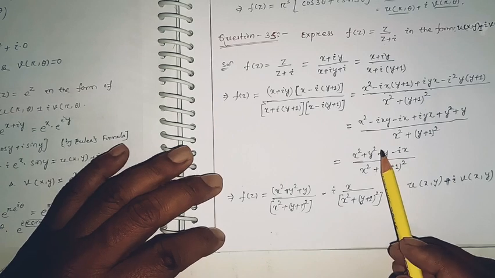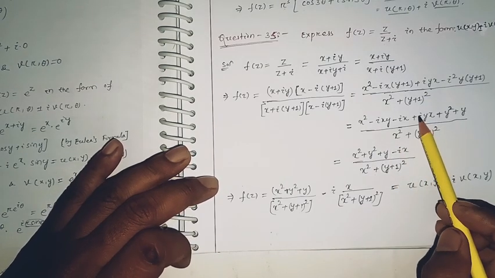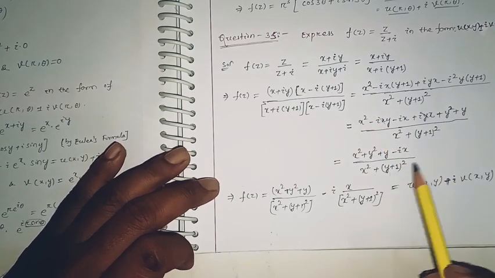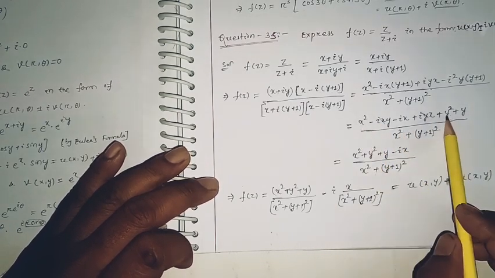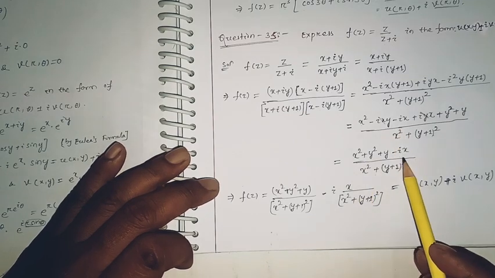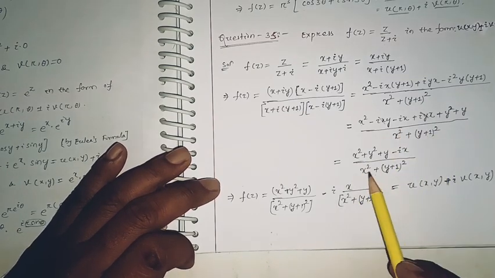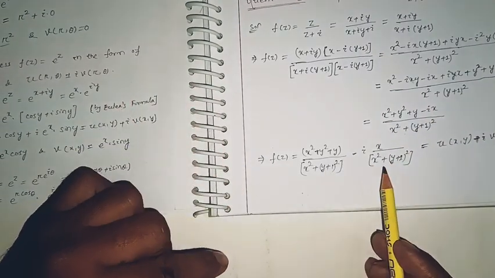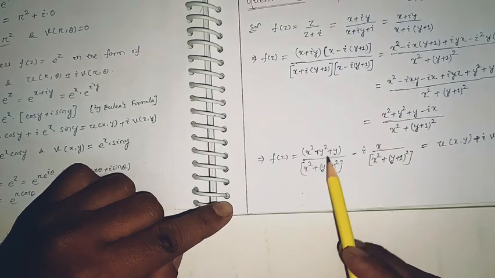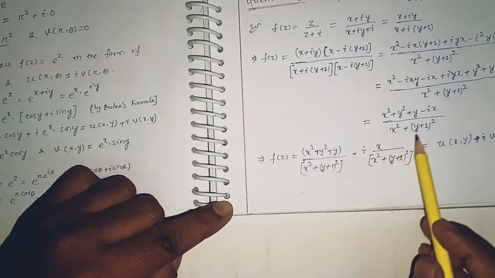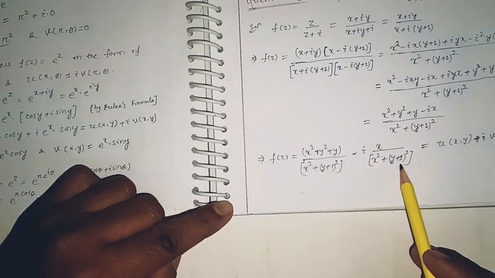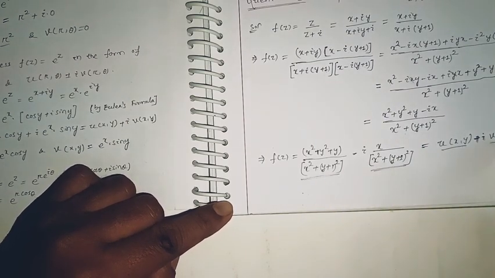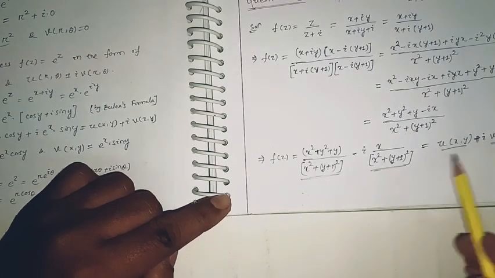Here plus iyx minus ixy get cancelled, and we find x square plus y square plus y minus ix, whole divided by this. So this can be written separately: x square plus y square plus y, whole divided by this term, minus ix by this one. So this is your u(x, y), and this is the imaginary part of this function, v(x, y).